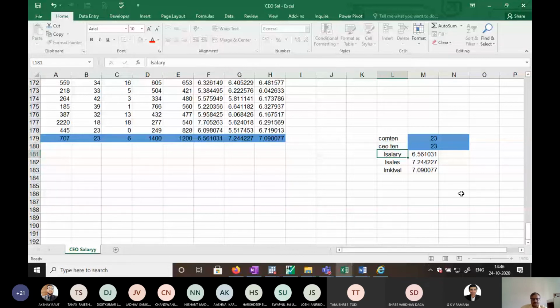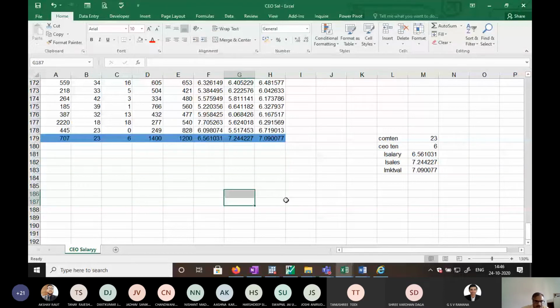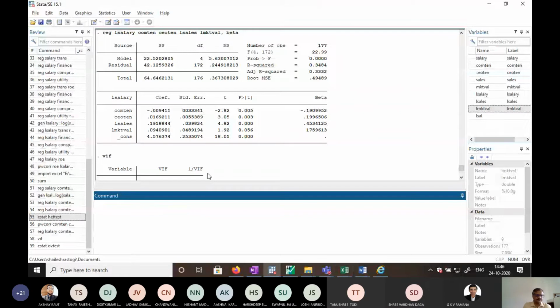And if I look at the model, the values are, yeah, this is here. I have the values, CEO salaries. Copy again, here, yeah. Values are, yes.